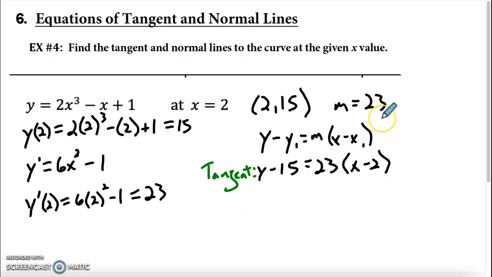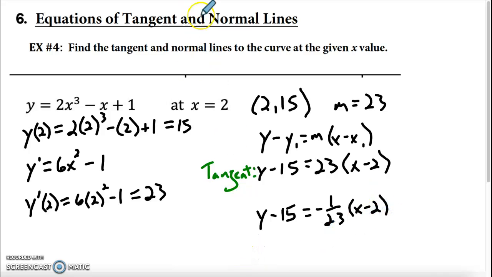The opposite reciprocal slope of 23 would be negative 1 over 23. The normal line goes through the exact same point, it just has the opposite reciprocal slope. So the normal line will be y minus 15 equals negative 1 over 23 times x minus 2.